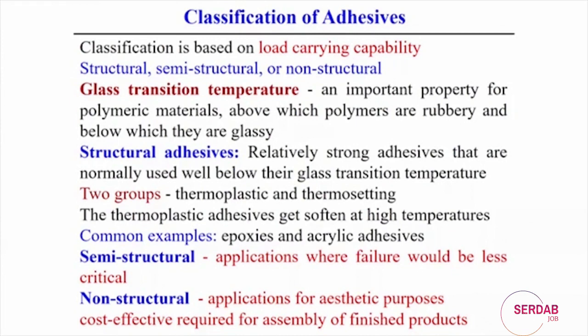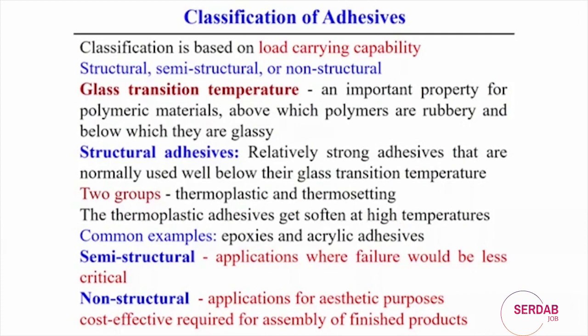There are different types of adhesive materials that can be used for adhesive bonding, but here we try to do the classification based on load carrying capability. Depending upon the load carrying capability, the adhesives can be defined as structural, semi-structural and non-structural. These three classifications can be done based on the load carrying capability of the joint using the adhesives.